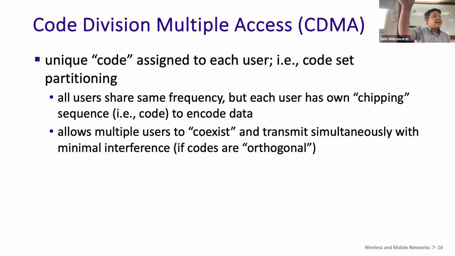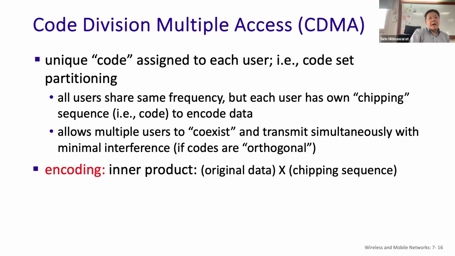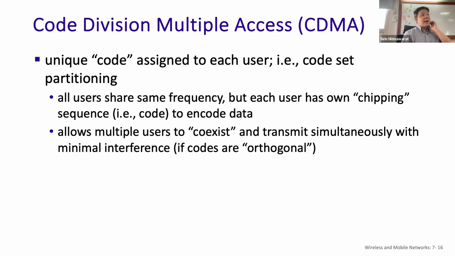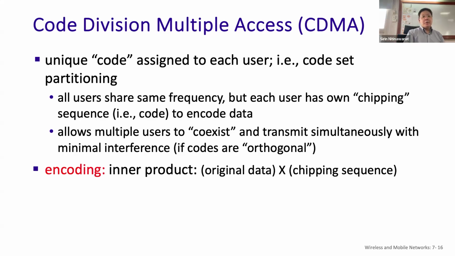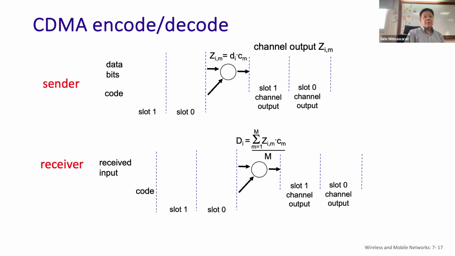You see it more clearly in the picture. The resource is not separated explicitly in either time or frequency, but everyone shares all the time resource and frequency resource, except that you partition the signals according to predefined, well-selected codes. And the picture would be something like this.